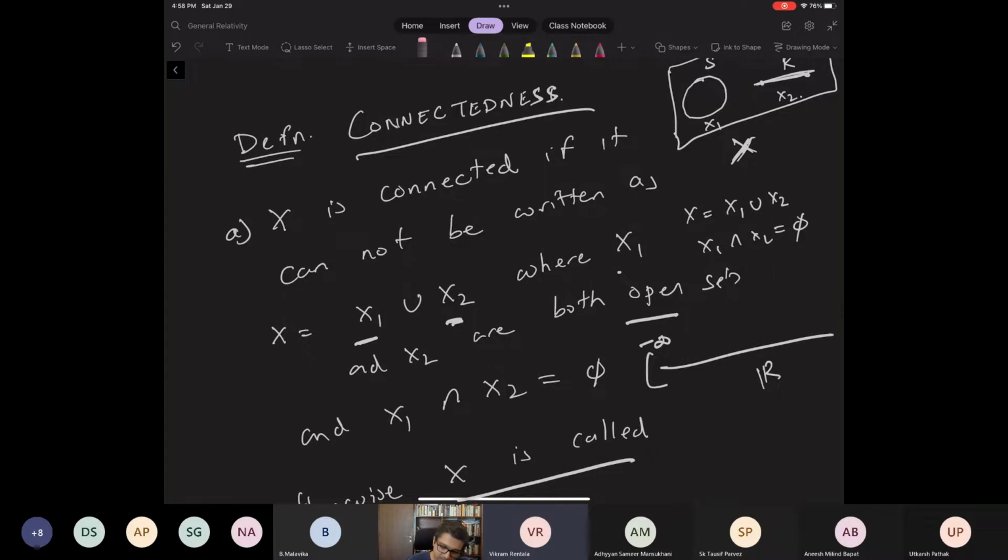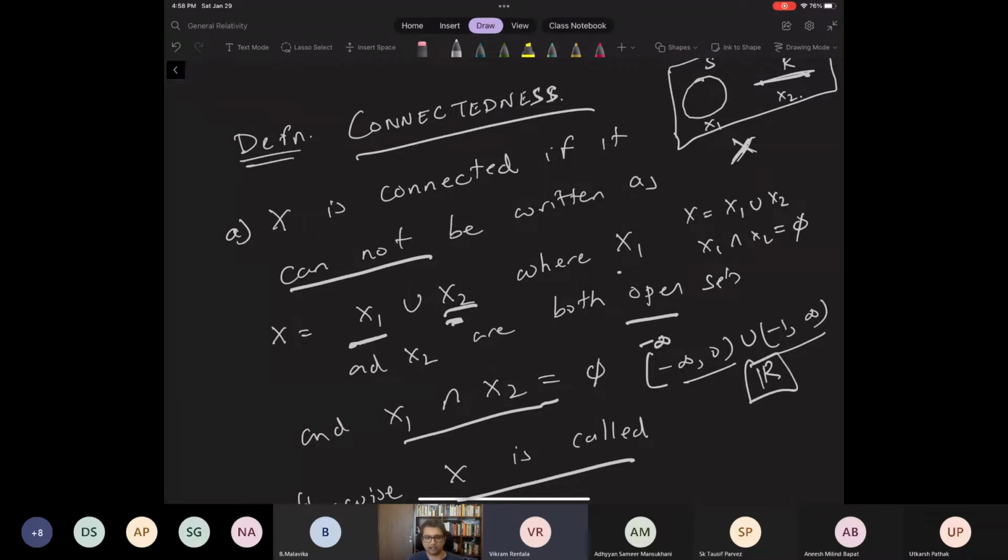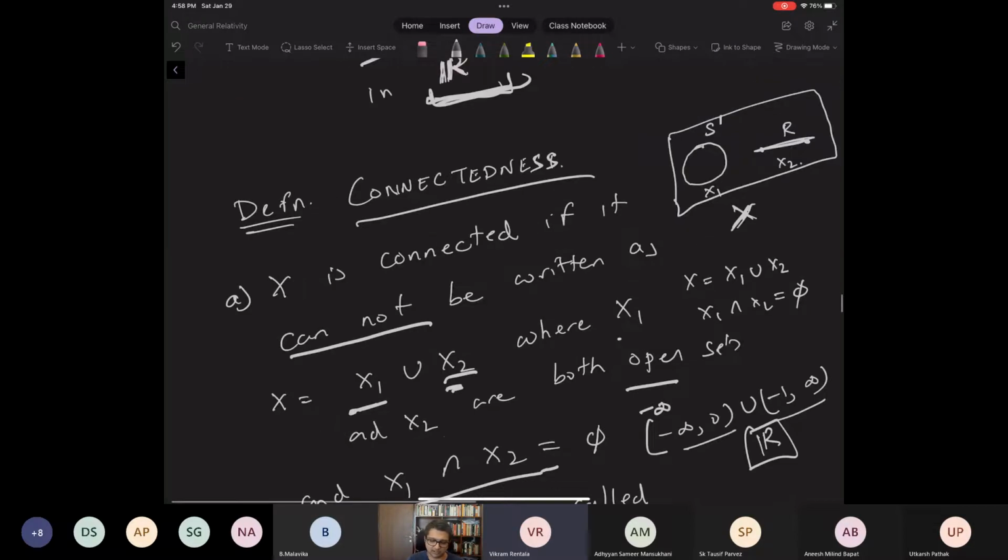If I try to stop at 0, so I take minus infinity comma 0, I have to take the union with something like minus 1 comma infinity, and this has an overlap with this set. So X1 intersection X2 is not null, and therefore X cannot be written as the union of two disconnected sets which have no intersection. So the real line is connected, and a space like S1 comma R is disconnected.